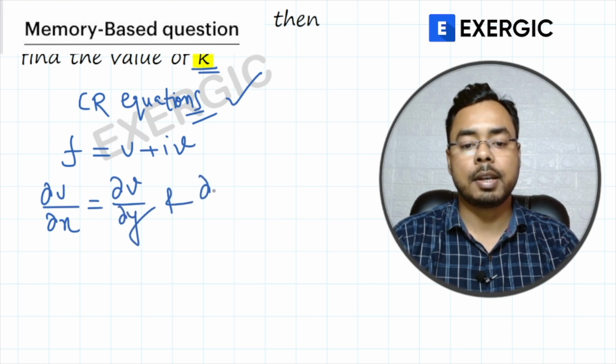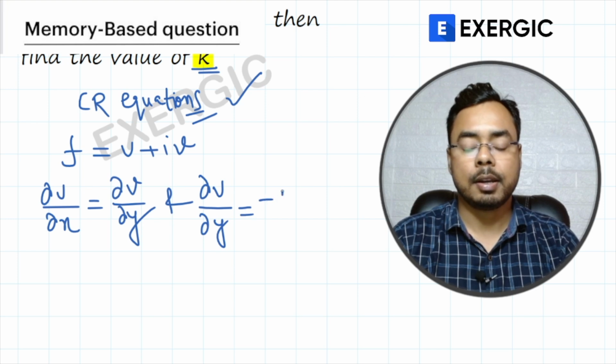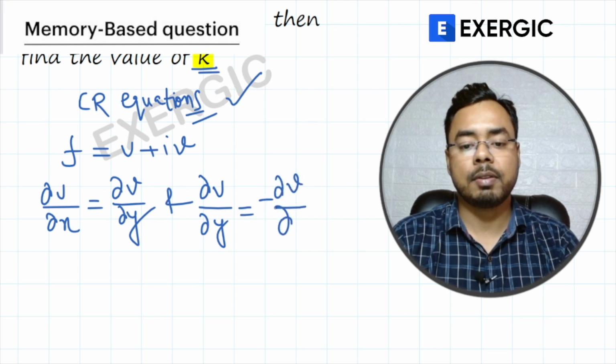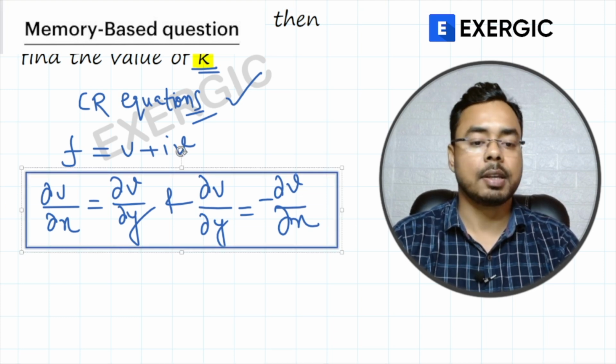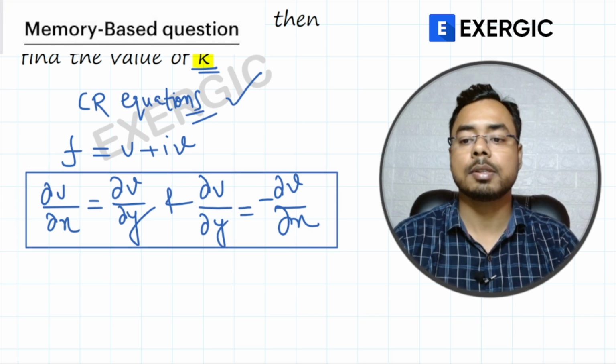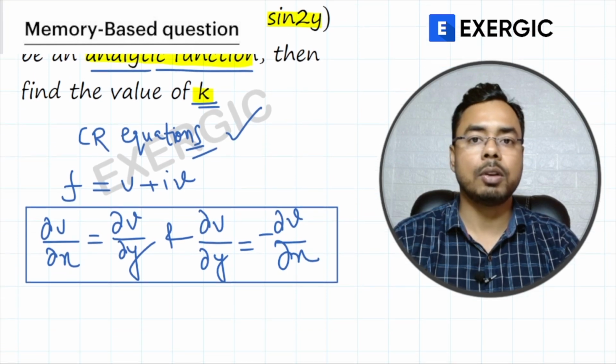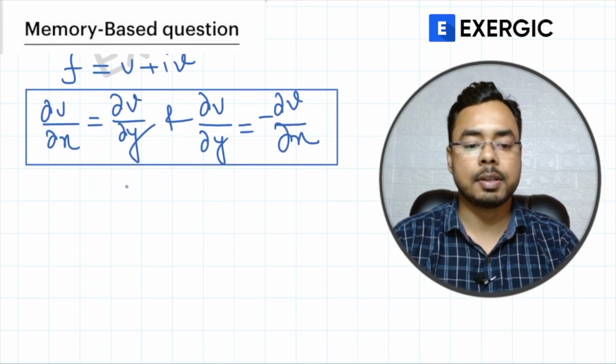And similarly, the partial derivative of the real part of the complex function, that is u, with respect to y, will be the negative of the partial derivative of v with respect to x, right? These two equations combined are called Cauchy-Riemann equations, and whenever a function is analytic, it will satisfy both of these equations. But here for finding the value of k, only one equation is sufficient.